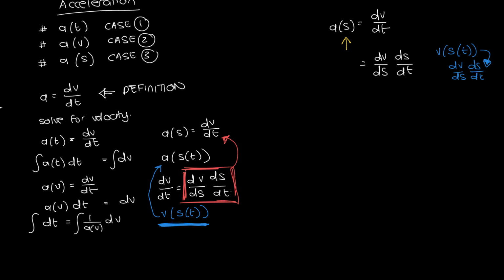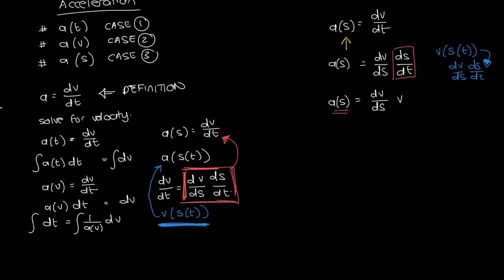And then I'm just going to bring this a s down. We can simplify it. We still have the a s. I'm doing this in multiple steps. The dv over ds stays. We want to see if we can get rid of the thing with the t in it, because t is not showing up on this side. We can do that because we know that ds dt is just velocity.